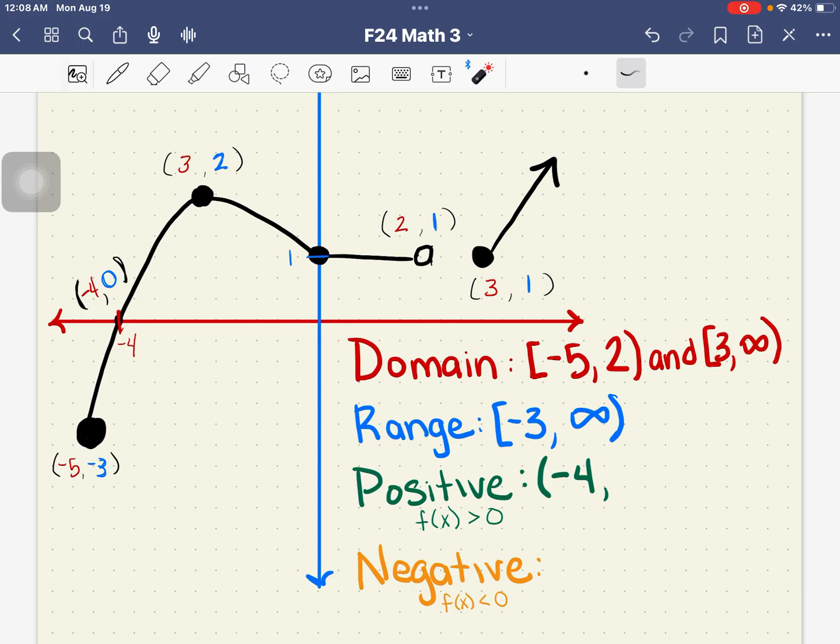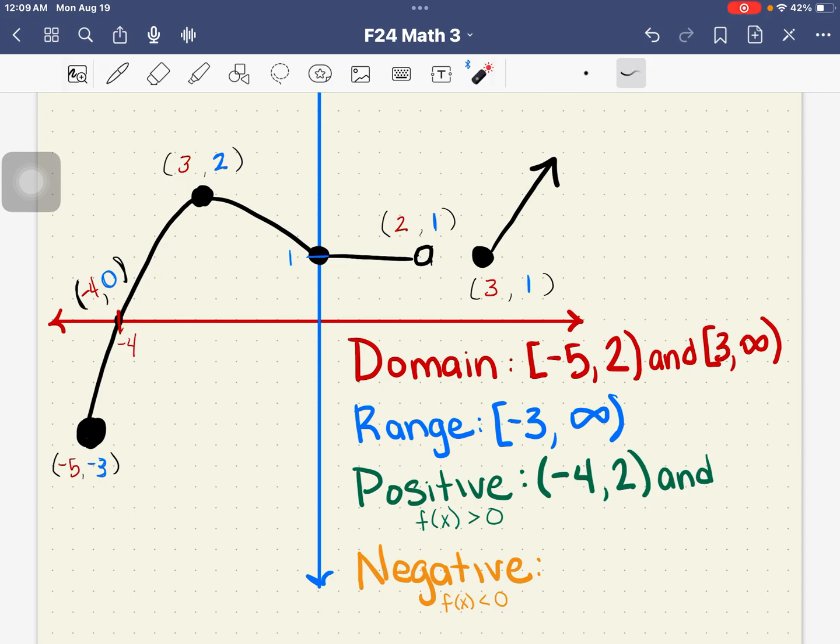All right, so again, we're dealing with the positive, so we're trying to describe this piece here, which started at -4, but is going to end right here at 2. But it's an open circle, so we're going to use a parenthesis.